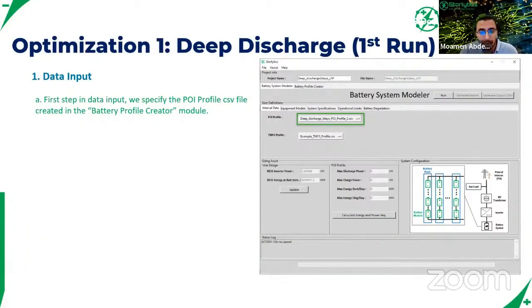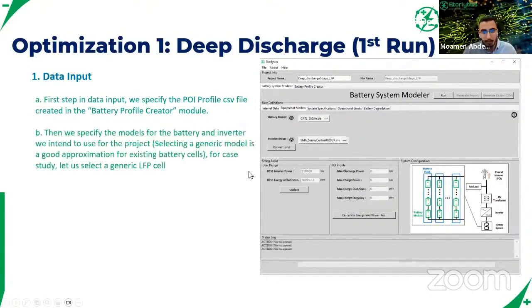Here is the TMY profile. Using this profile and the enclosure models that will be added in our next version, and the battery sizes, will give some insights into the auxiliary load consumption based on the selected enclosure. So that is a quick update that will be included in our next version for more accurate results in the analysis.